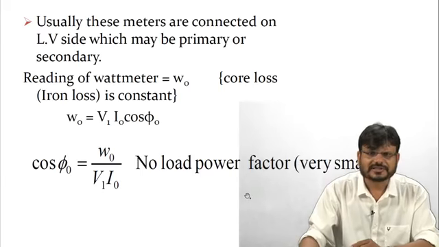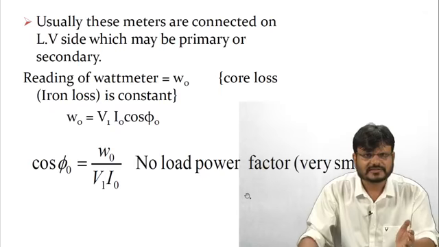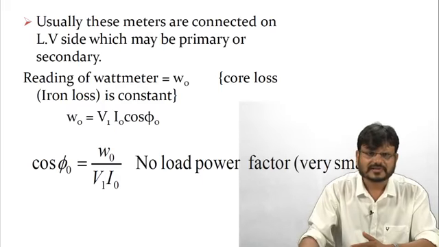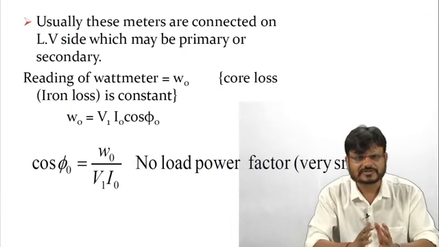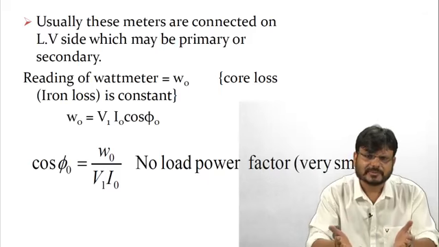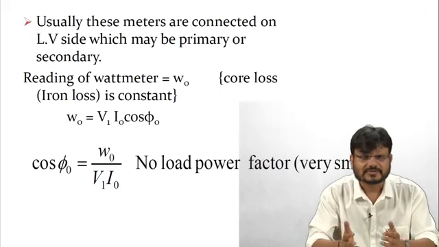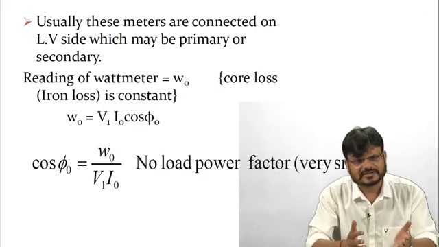Usually these meters are connected on the low voltage side, which may be the primary or the secondary. Basically primary and secondary windings are termed on the basis of use. If you are using a step up transformer, the primary winding is the low voltage side and the secondary is the high voltage side.